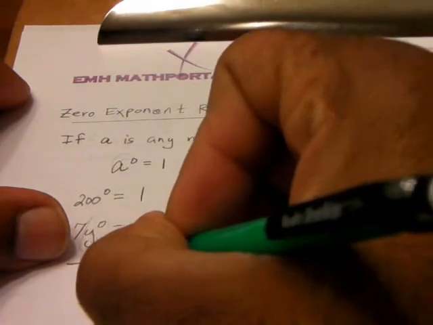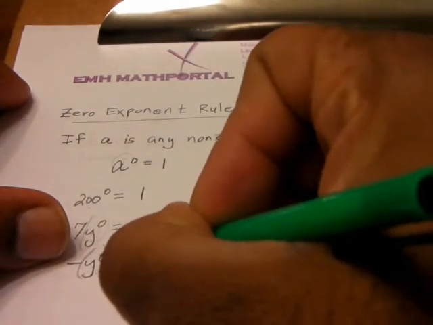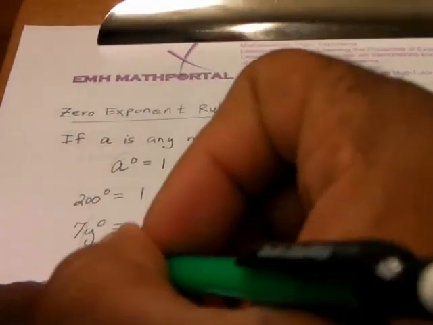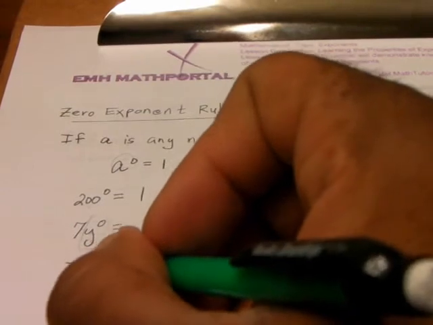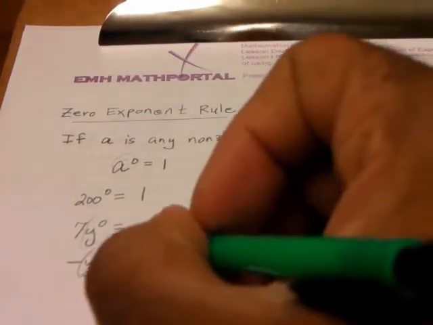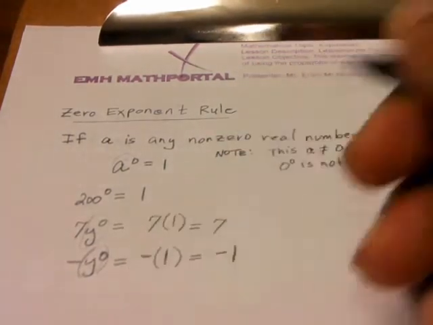I'm going to put parentheses just to illustrate, helping us focus just on the y raised to the power of 0. So that equals 1, and then this negative times the 1 will give you a negative 1.